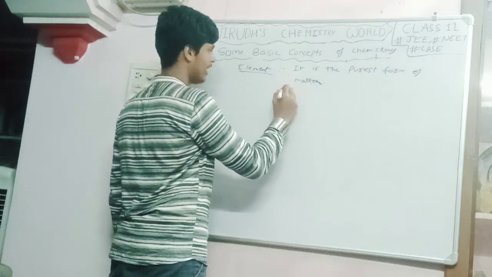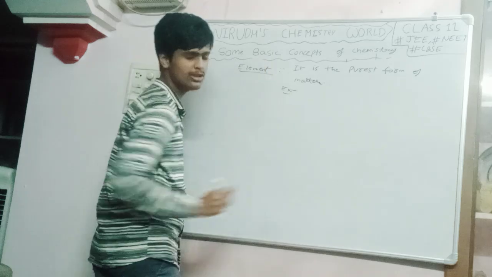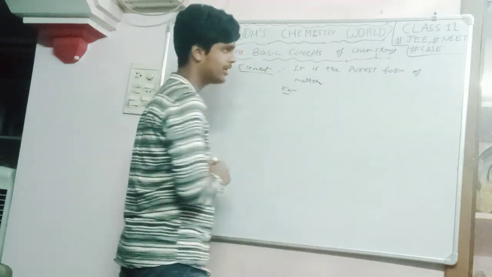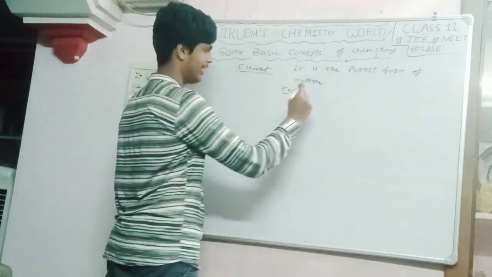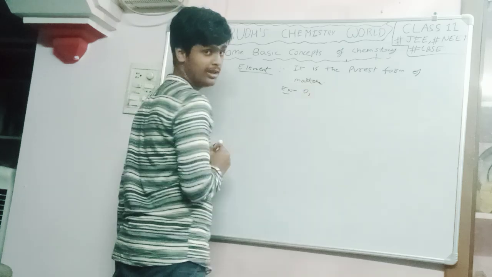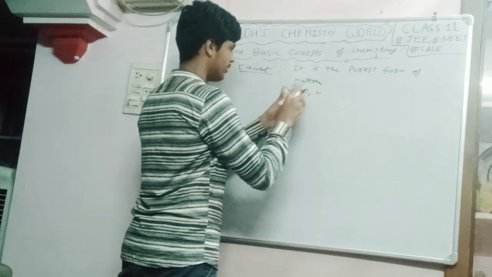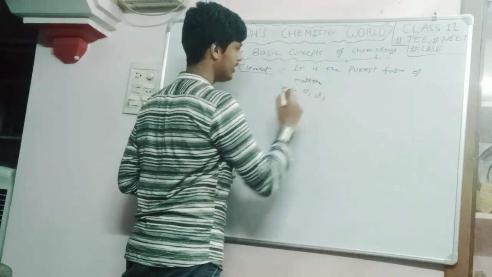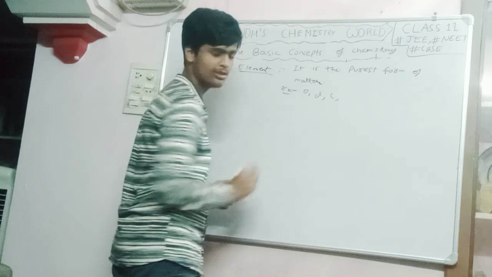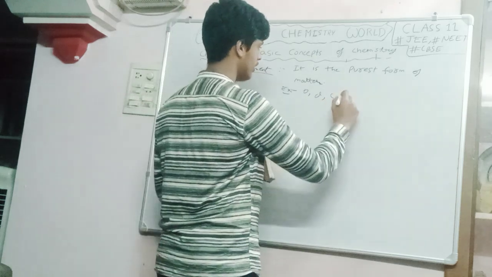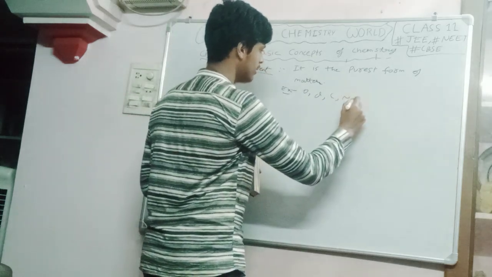Examples of elements: in elements you will have pure elements, like oxygen, it's pure oxygen. Let us take chlorine, it's also pure. Carbon, it's also pure. Sodium is also pure. Like this, you will find pure elements.